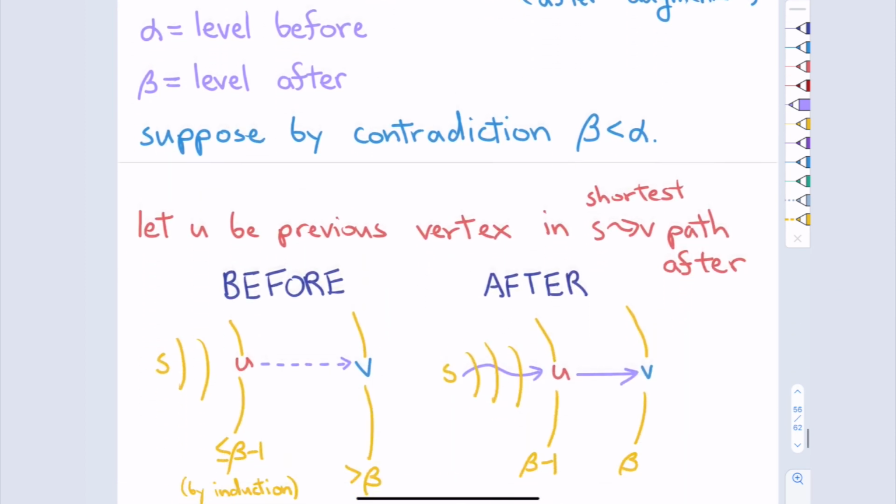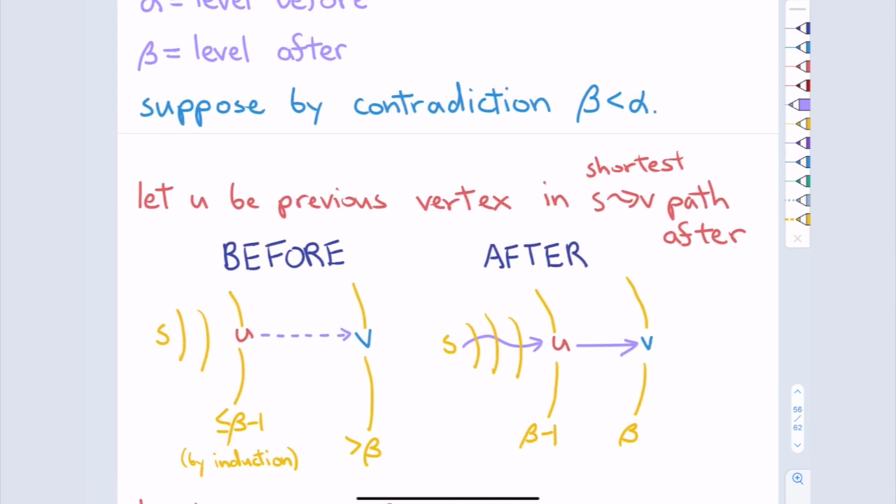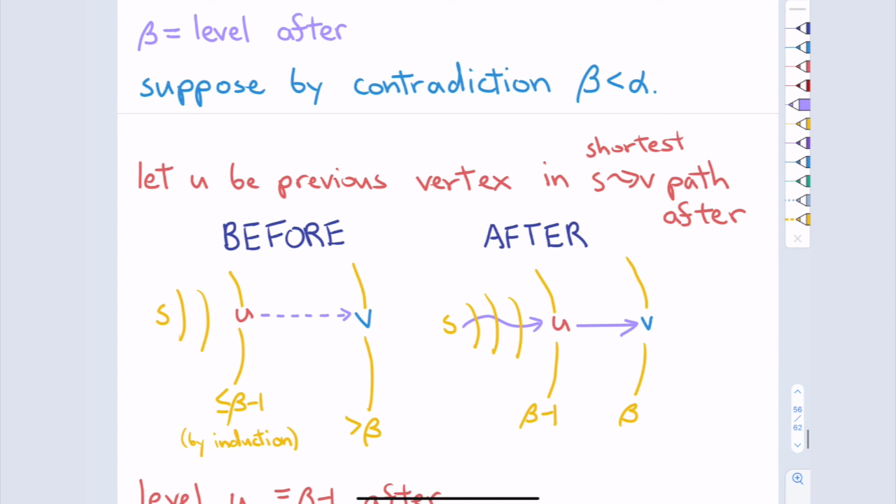All right, so let's look at the shortest path from S to V. And let's let U be the vertex that came before it in that shortest S to V path. So that means that before, this was level alpha, right?